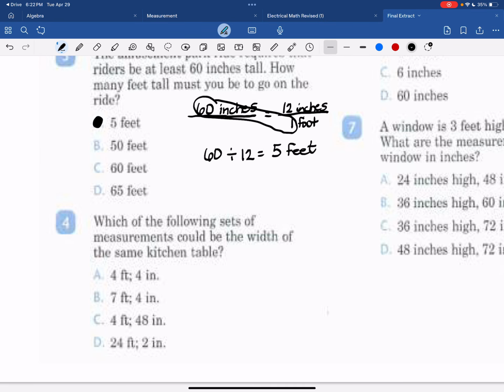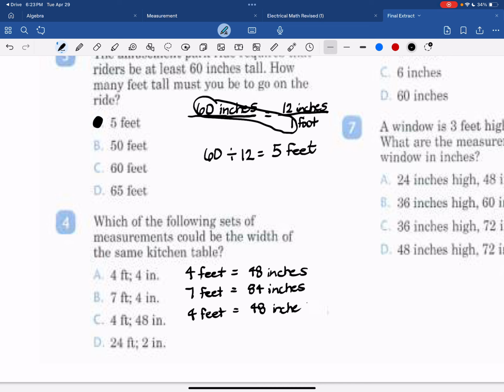Which of the following measurements could be the width of the same kitchen table? So this is saying that 4 feet equals 4 inches. That's not true. 4 feet equals 48 inches. 7 feet equals 7 times 12, that's 84 inches. 4 feet equals 4 times 12, that's 48 inches.